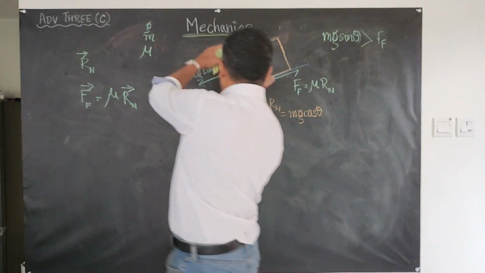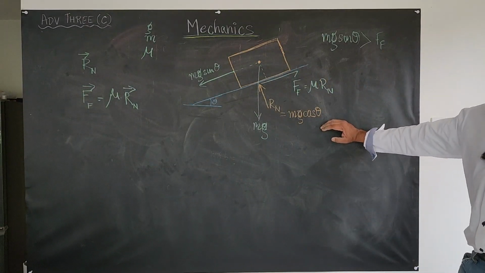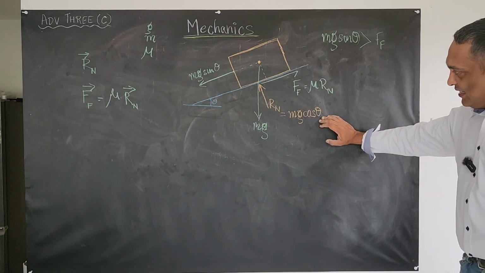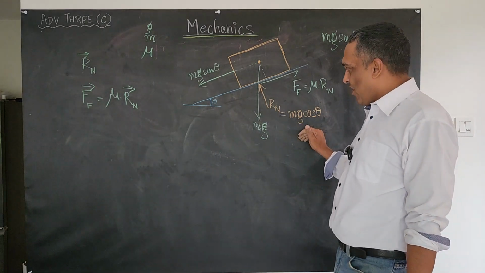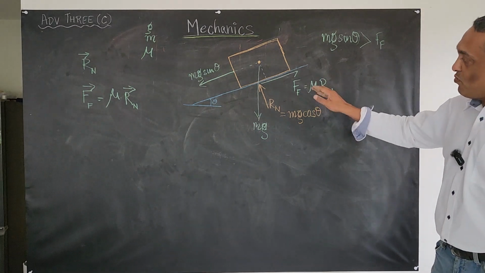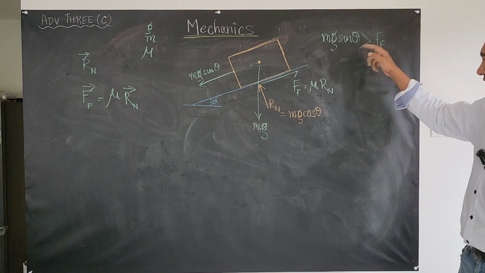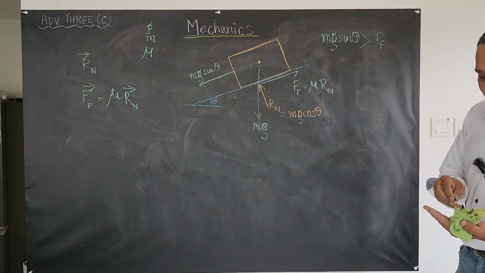If my angle is higher, cosine theta is becoming lesser as I approach 90 degrees. Mg cosine theta is dropping, Rn is dropping, Rn times mu, frictional force, is getting reduced, which means I can now exceed frictional force and I would slide.